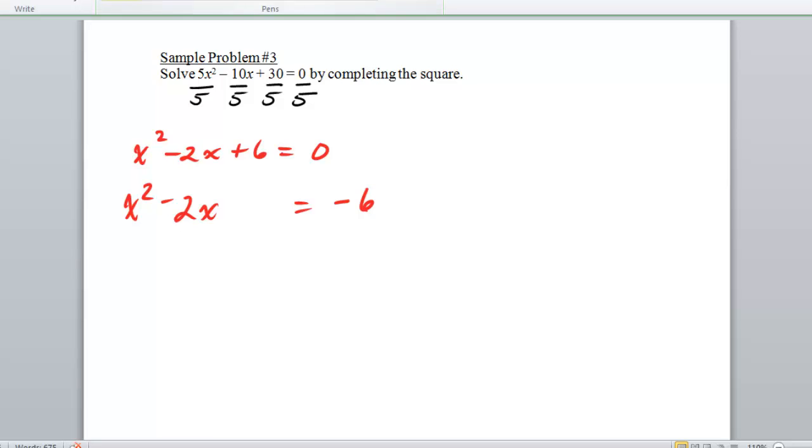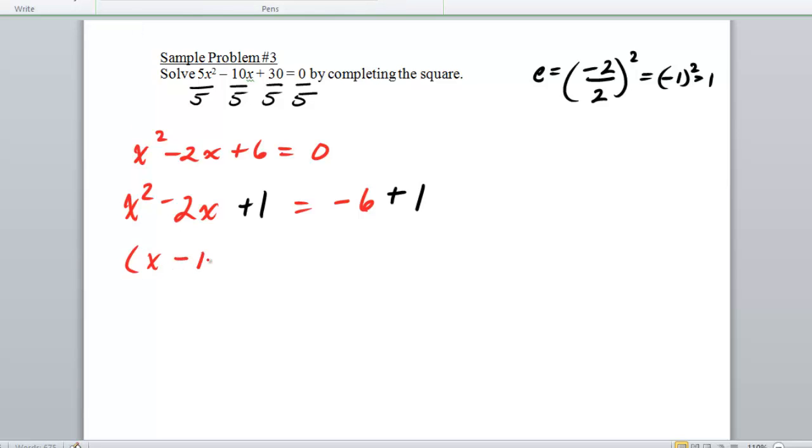If I want to complete the square, my c value is negative 2 over 2 squared, which is negative 1 squared, which is equal to 1. So I'm going to simply add 1 to both sides. This will be x minus 1 squared equals negative 5. If you look at this value right here, after the b has been halved, that negative 1 is what pops up in the binomial squared.